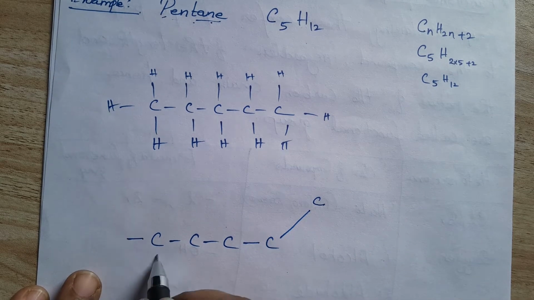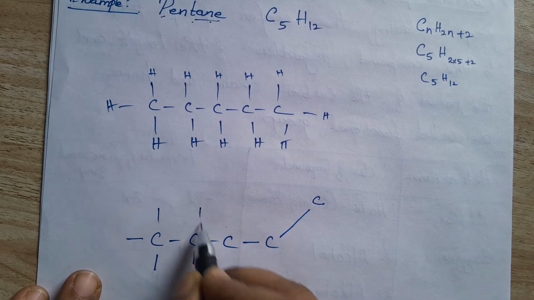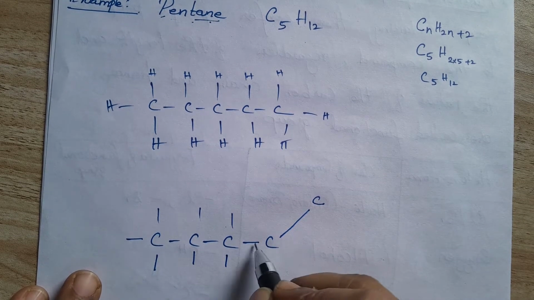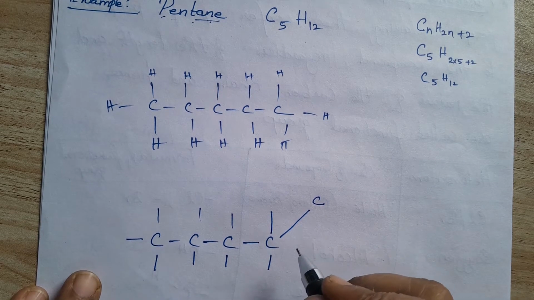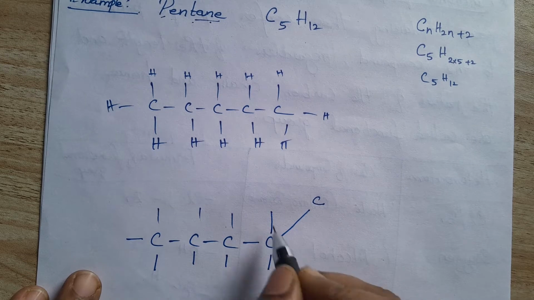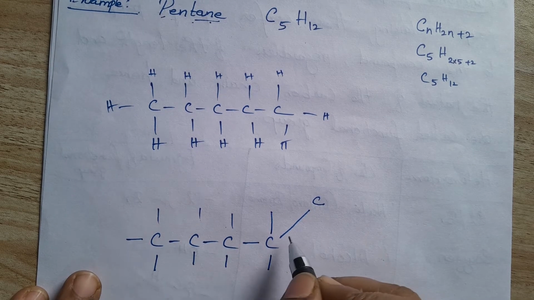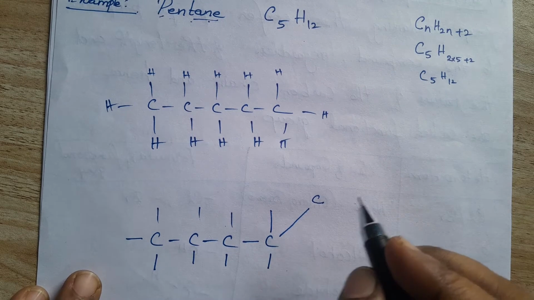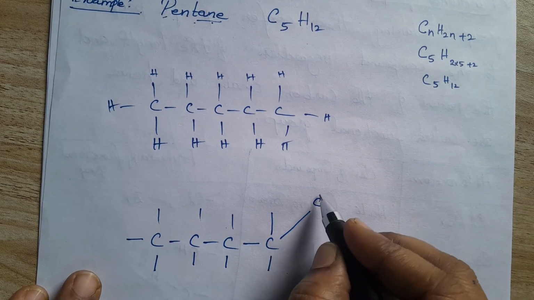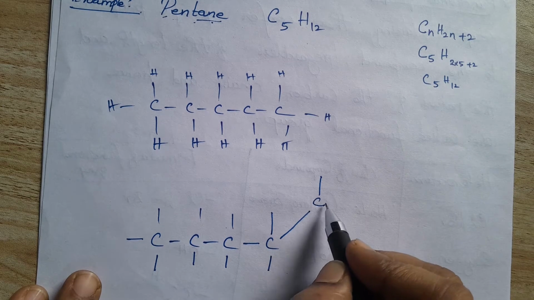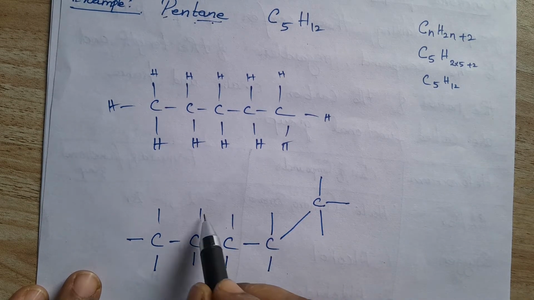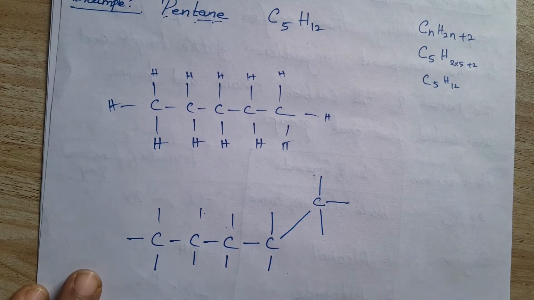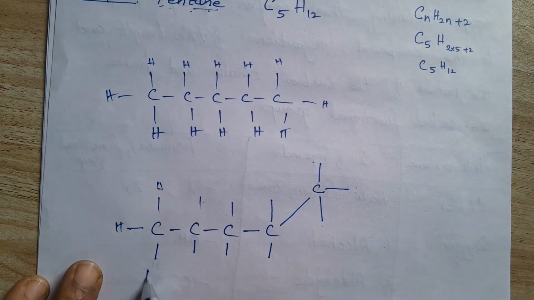Okay, satisfy, here also satisfy, here also satisfy, here 1 2 3 4. How many hydrogens are there? 1 2 3 4 5 6 7 8 9 10 11 12. Okay, so this is your branched one.